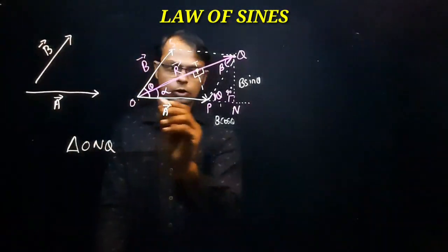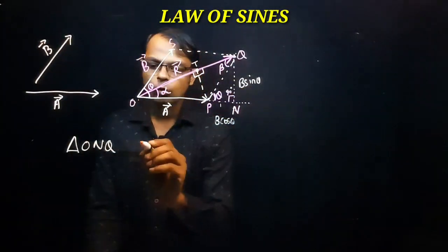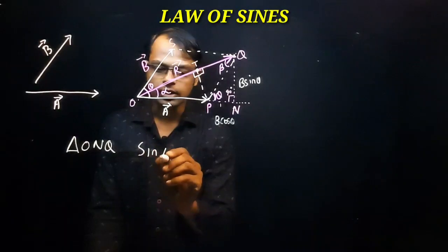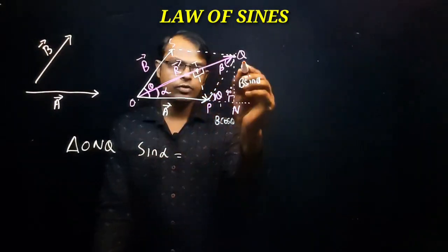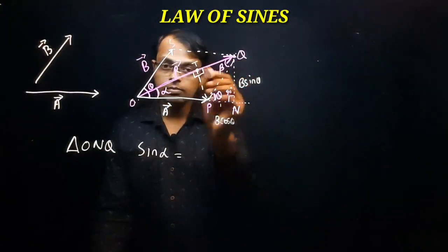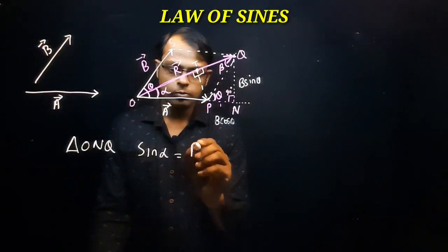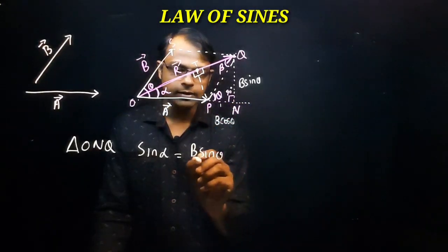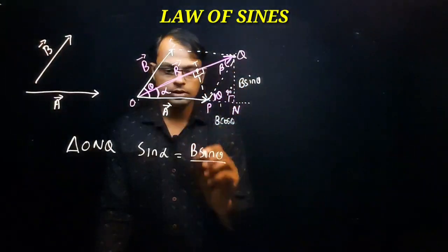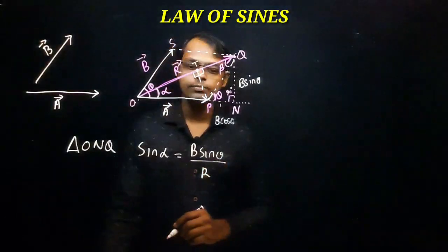Take the triangle ONQ. What is sine alpha? Sine alpha is equal to opposite side divided by hypotenuse, right? What is the opposite side? That is QN, that is equal to B sine theta, divided by what is the hypotenuse here? That is equal to R. Clear?